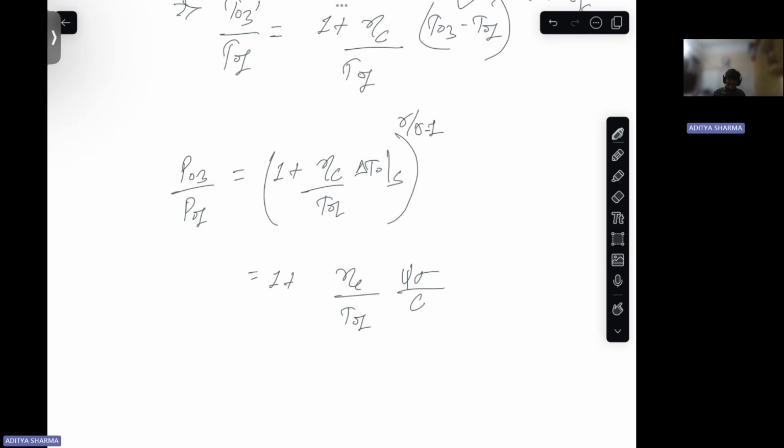And if you place the values here from 1, this will come out to be this. So this basically is your pressure rise across your centrifugal compressor.